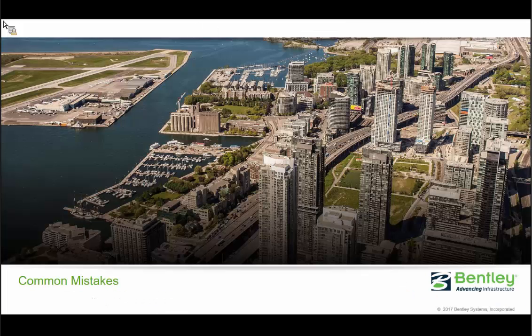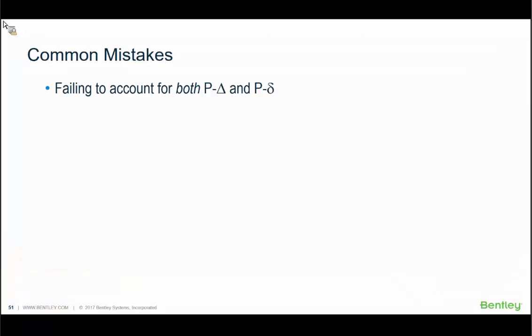So let's go now to some of the common mistakes when it comes to P delta analysis. I'm just going to go over a small handful, and so again, it's important that you understand what your software is doing and what the limitations are. It's important to consider both large and small P delta. Don't forget both of them, and don't forget either one of them.